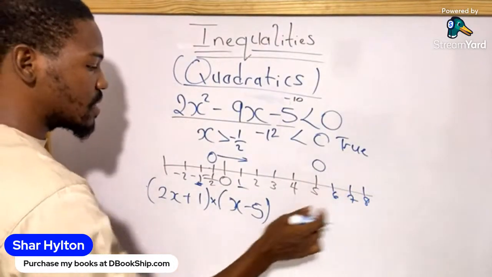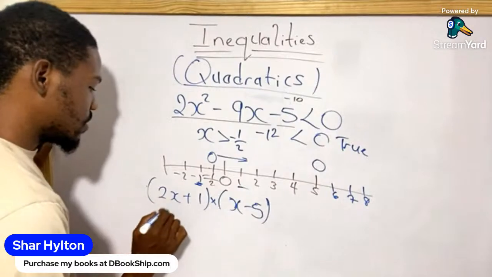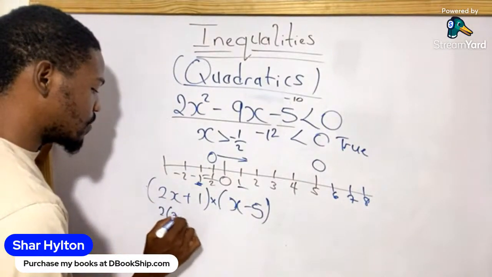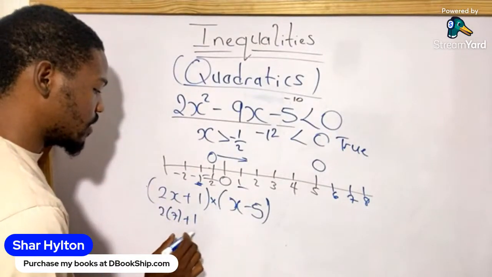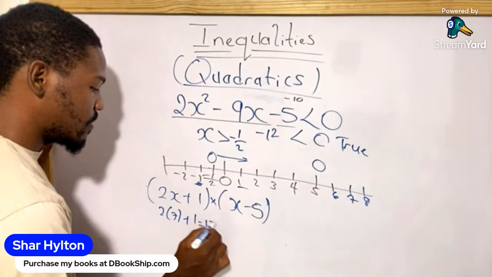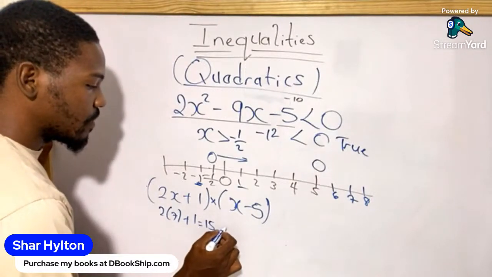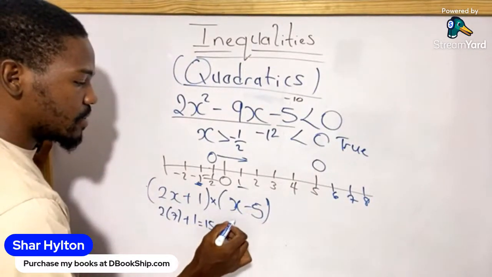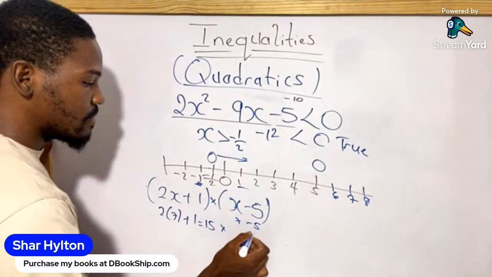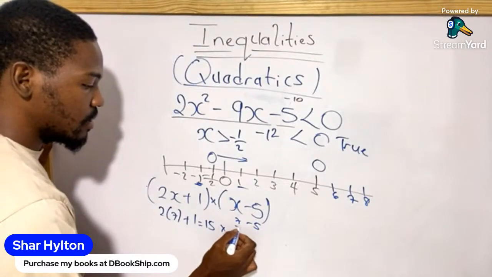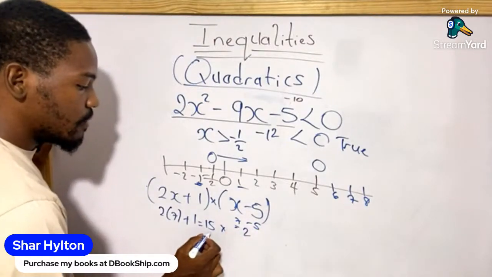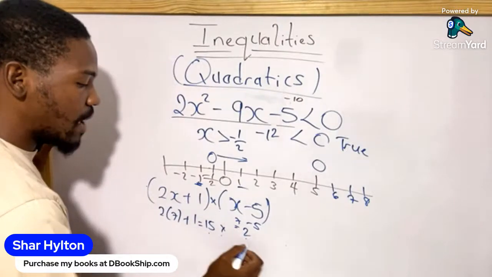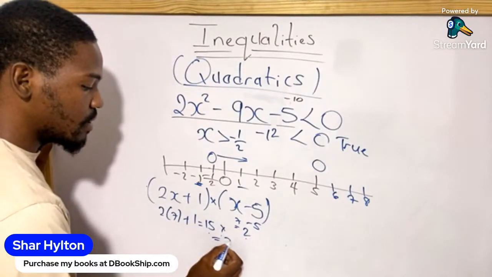If we choose that x is 7, we're saying 2 times 7 is 14, plus 1, so this would actually be 15. And here 7 minus 5 would be equal to 2. 15 times 2 is going to give me 30.